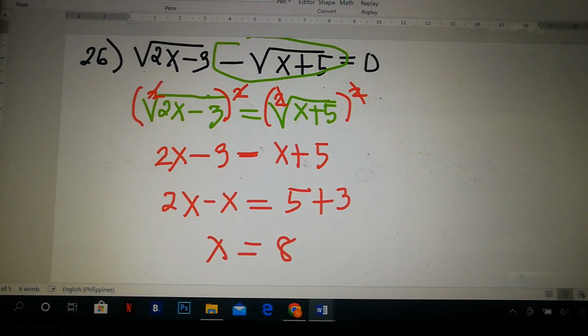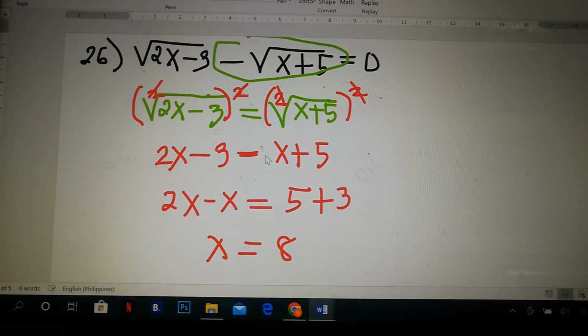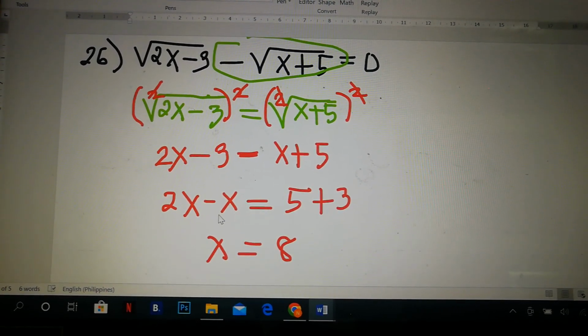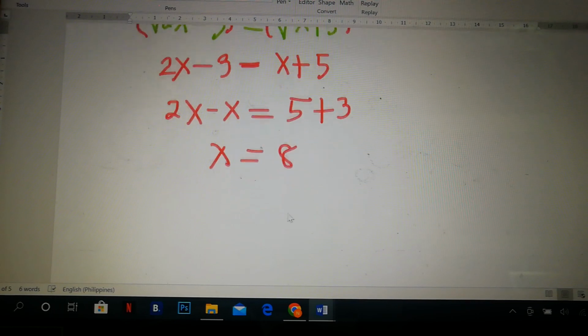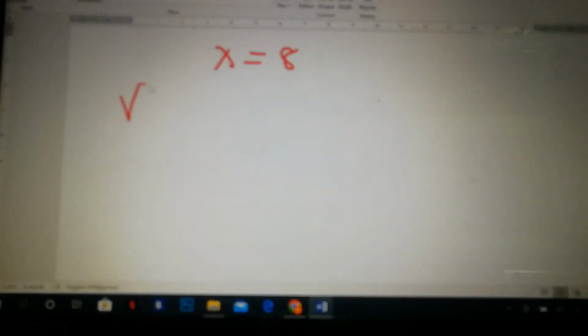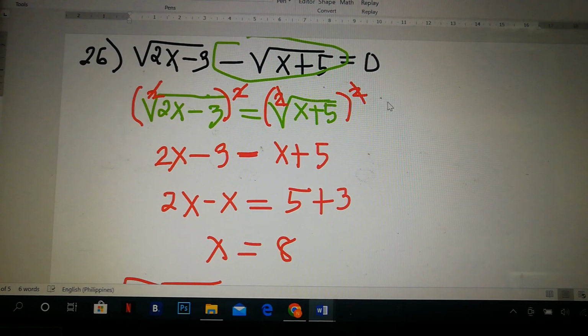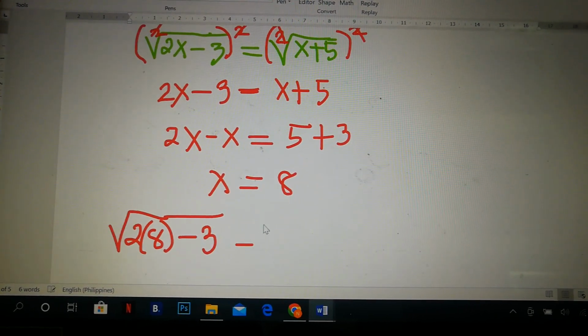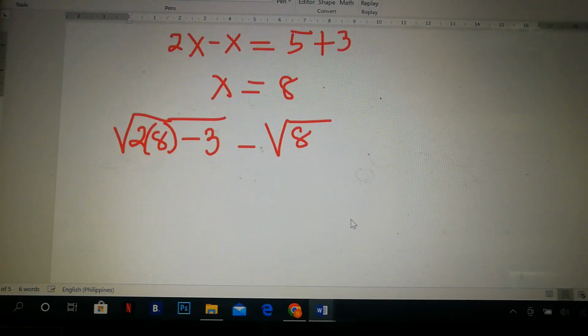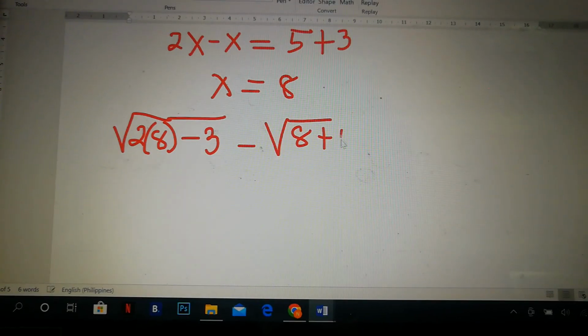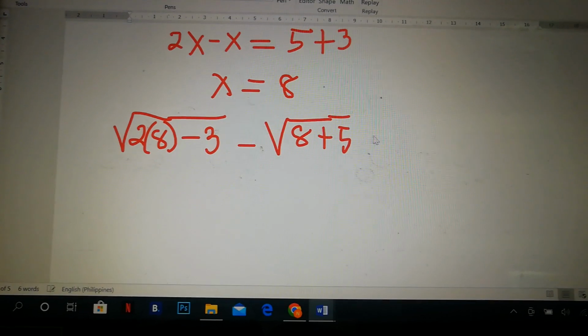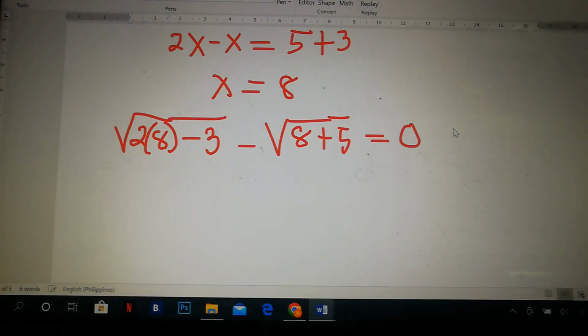So if x equal to 8, then we will check whether 8 is the solution. Square root of 2 times 8 minus 3, minus square root of 8 plus 5, equal to 0.